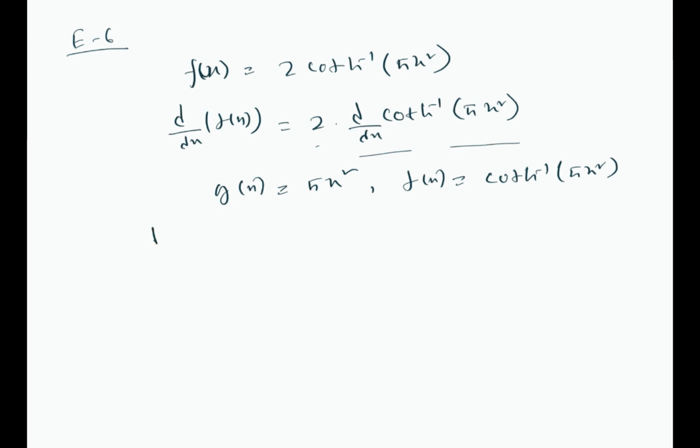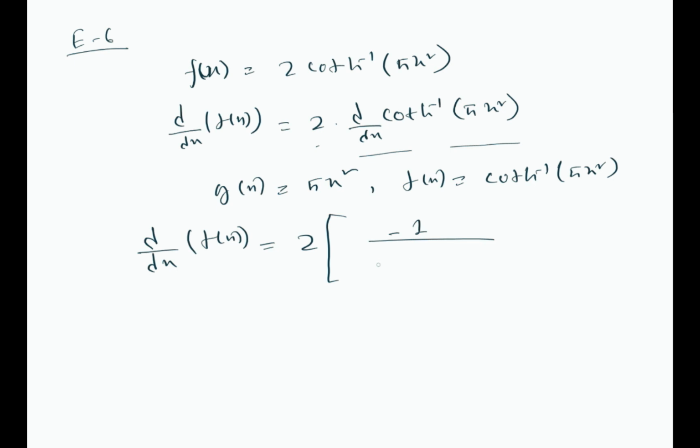So the derivative of this function, d/dx of f of x, I can write 2 first, this is the constant multiple, then I can take the derivative of the function. The derivative of the outer function, inverse hyperbolic cot of x, is minus 1 divided by x squared.